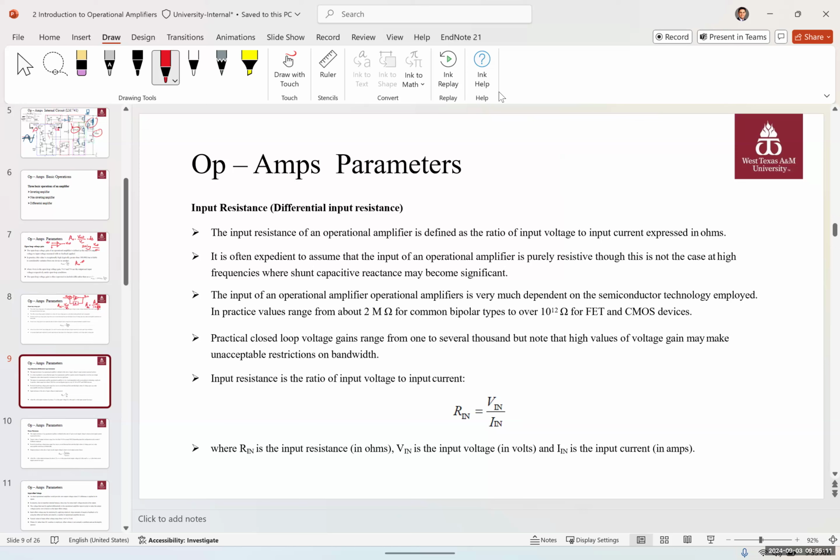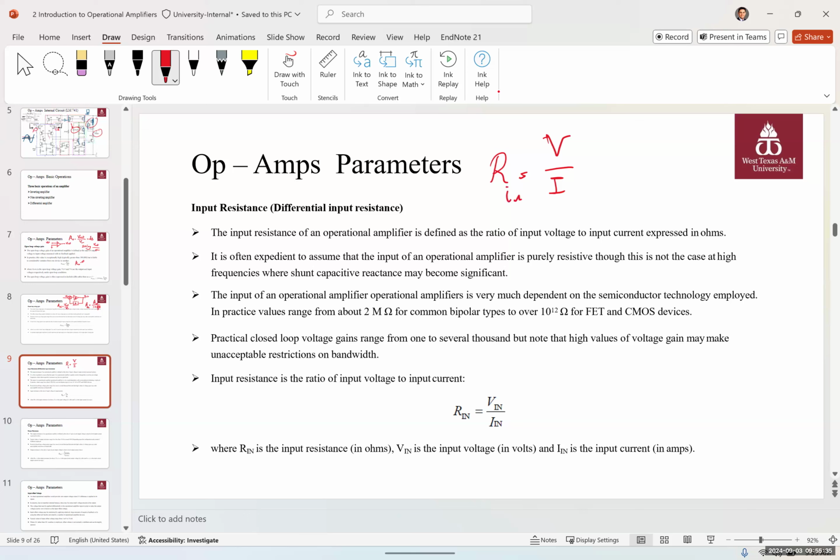Other parameters of the op amp: we have the input resistance. Do you remember Ohm's law? What is R equal to according to Ohm's law? Perfect. It's voltage over amperage. And we calculate the input resistance in the same way.